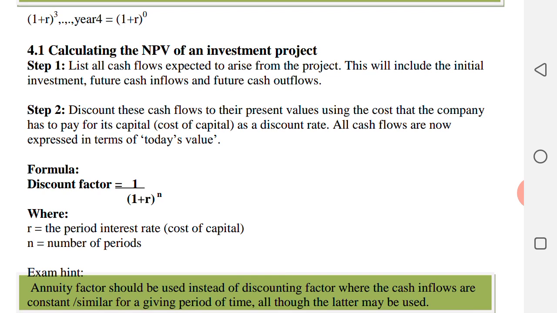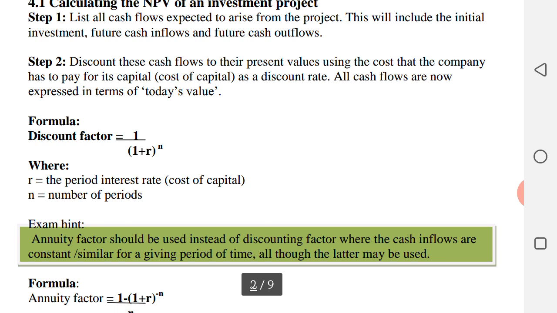And again, fixed costs such as depreciation and other fixed costs will not form part of our cash inflow. Only incremental fixed costs and any cash fixed costs will form part. So you can revise more of your relevant costing to understand the cash inflow that will form part of our investment appraisal.